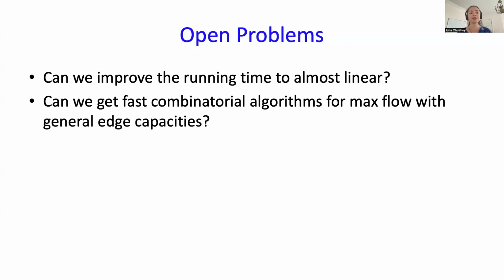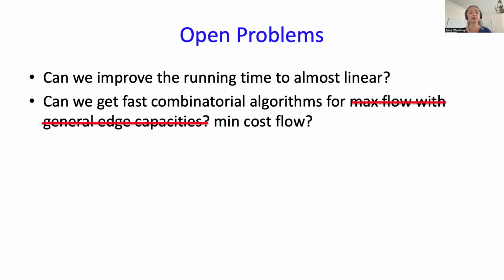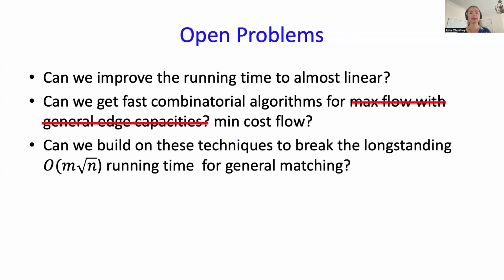But I just learned that actually there is a really new result that just came out, which is a combinatorial algorithm for maximum flow whose running time is close to n squared. So now we can move the goalpost on this and ask, can we do the same for min cost flow? And lastly, can we build on these techniques to break the long-standing m squared running time for general matching?